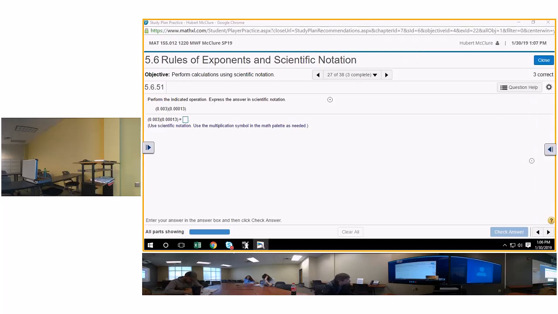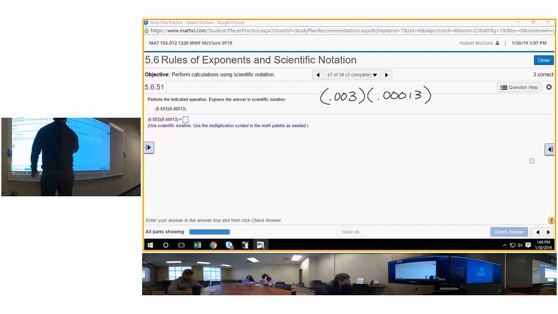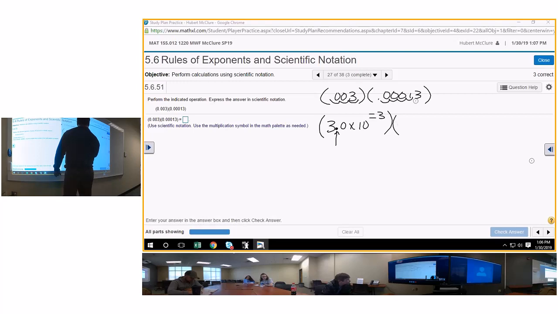0.003 times 0.00013. One, two, three. Which way did I move this decimal in my head to get it back the way it was? Left. 1, 2, 3, 4. Left. Same thing here.